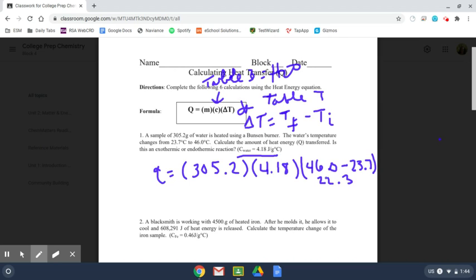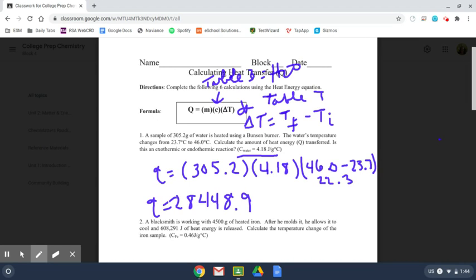Okay, so now we need to multiply those three things together. 305.2 times 4.18 times 22.3. And you get 28,448.9. Now let's talk sig figs.